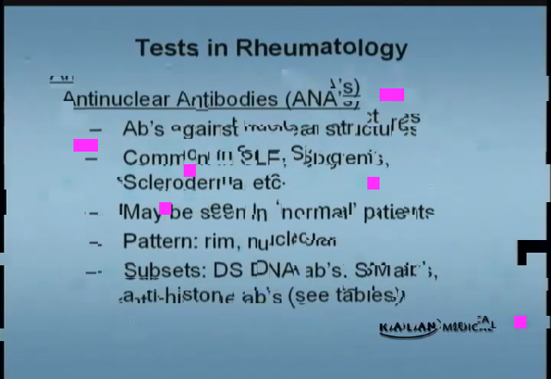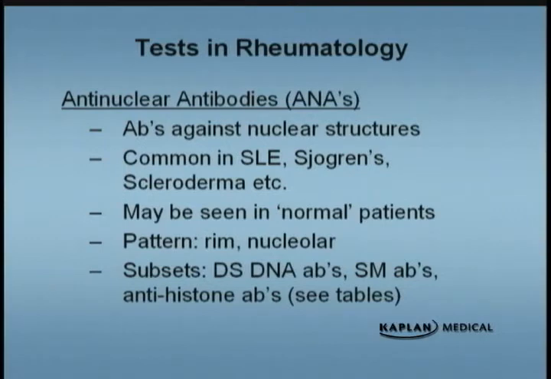If I see somebody with any type of symptoms, arthritic symptoms, or any type of symptoms consistent with some rheumatologic disease, and either the double-stranded DNA or the Smith antibodies are positive, then I say to myself, these are very specific for lupus, and this patient likely has lupus.